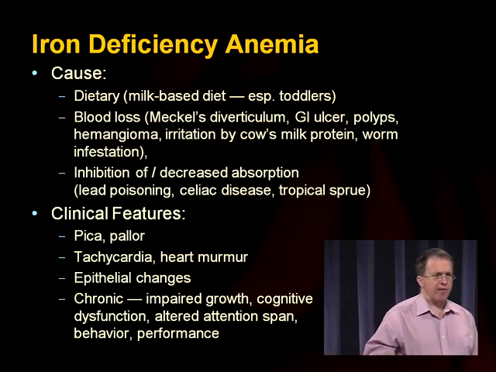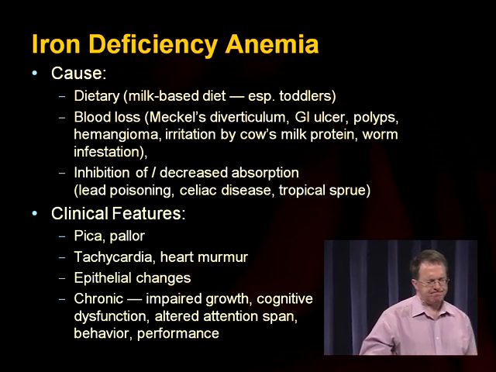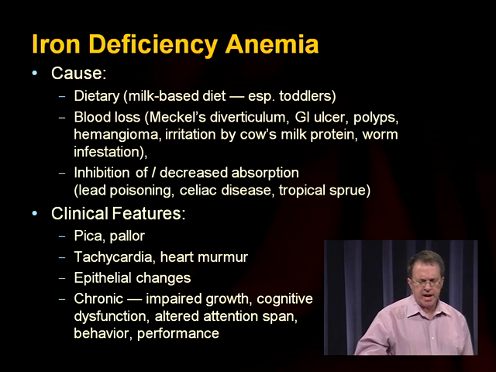Iron is absorbed in the duodenum, and you can have inhibition or decreased absorption, and that's classically associated with lead poisoning, but it also can be associated with celiac disease or tropical sprue.